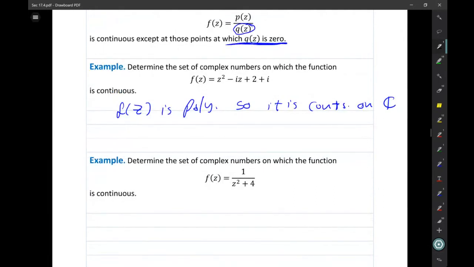Okay, now it asks me to determine the set of complex numbers on which the function is continuous. Here I have to determine where it is continuous: 1 over z squared plus 4.